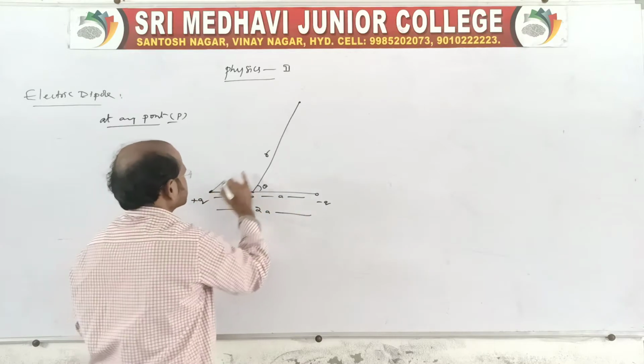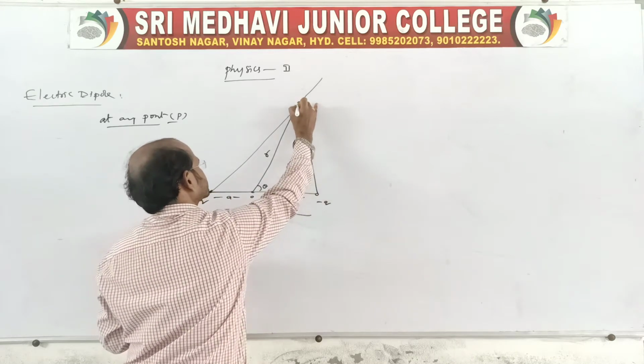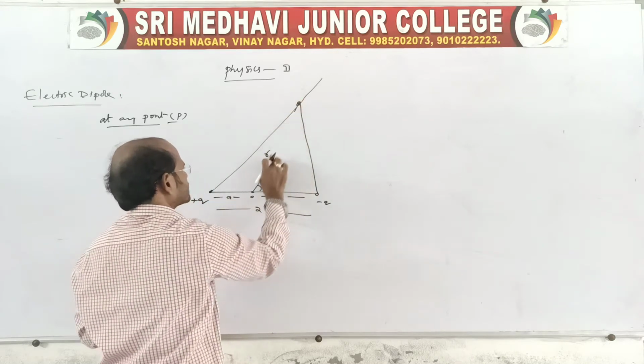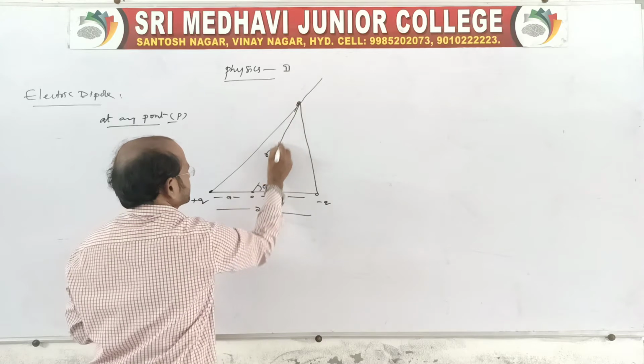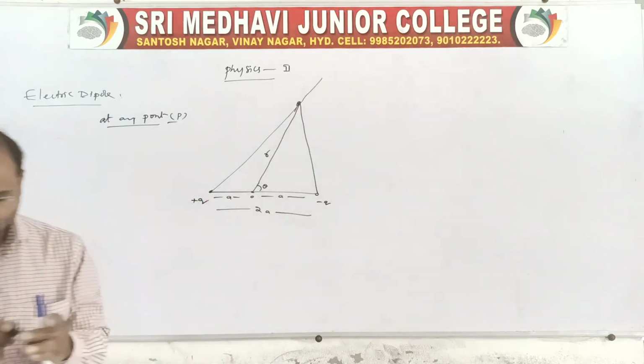Due to the positive charge, there will be a field intensity acting like this, and similarly due to the negative charge. Here the dipole moment can be resolved into two components.